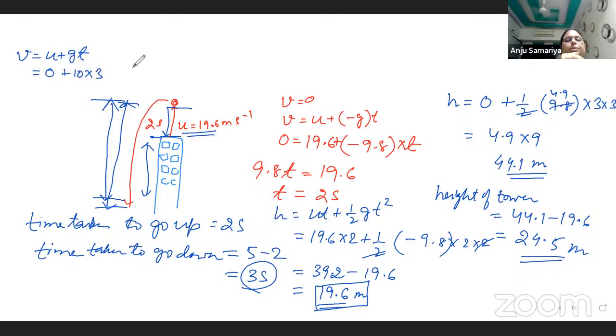So 9.8 into 3 is 29.4 meter per second. Quickly tell me yes or no. Yes, ma'am.